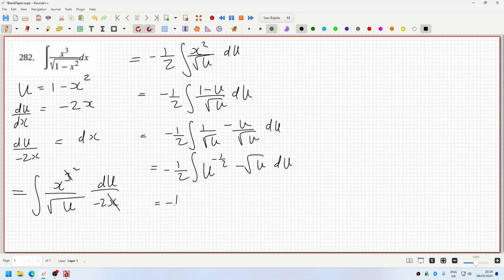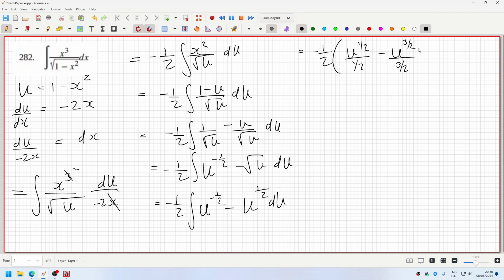So that is minus a half, u power minus a half minus u to the half du. So that would be minus a half, u power a half over a half minus u power 3 over 2 over 3 over 2, plus c.